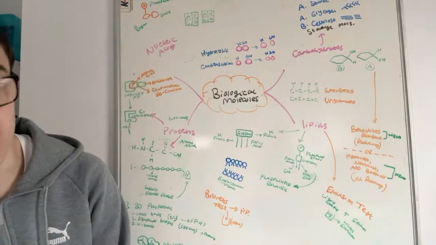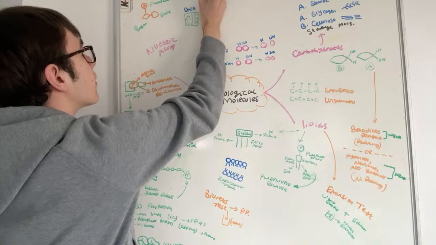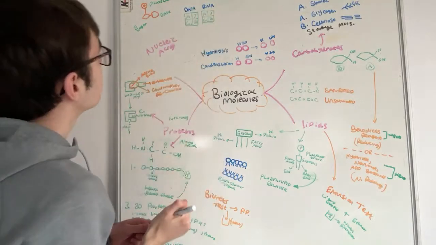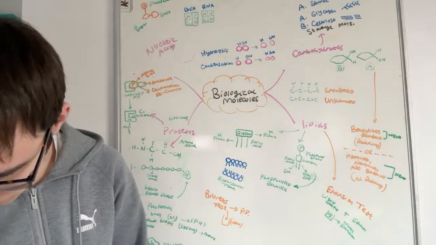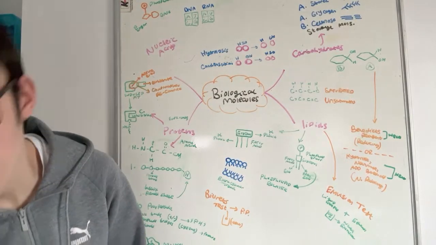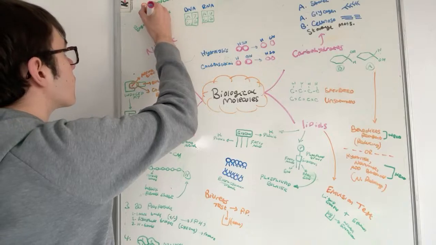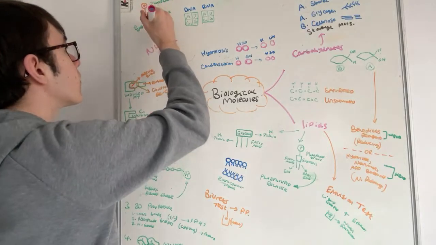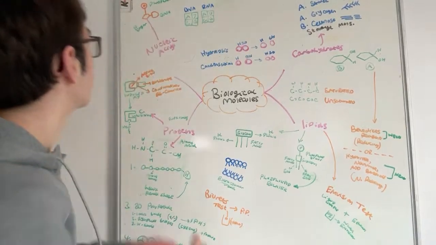And there's the A, U, C, G. So you get it in DNA and RNA. You've got your phosphodiester bonds, which would be there.